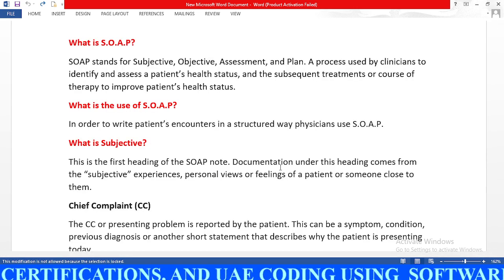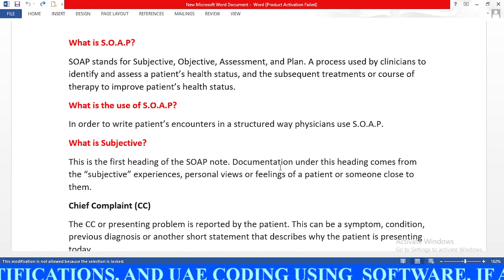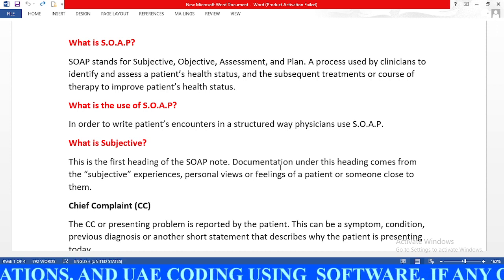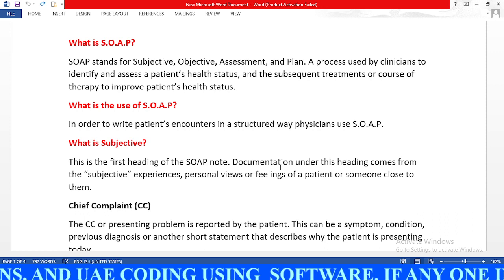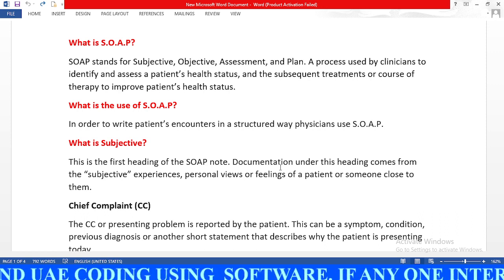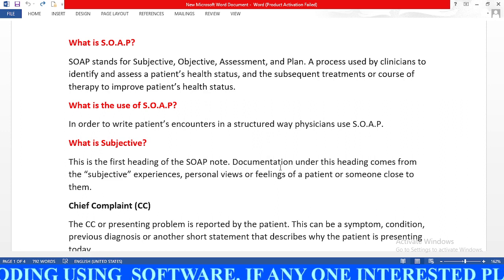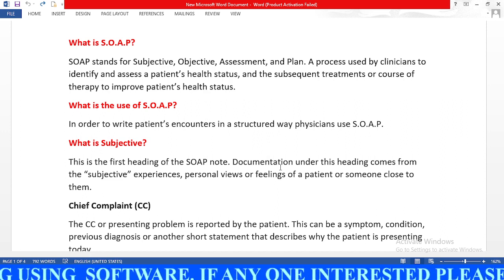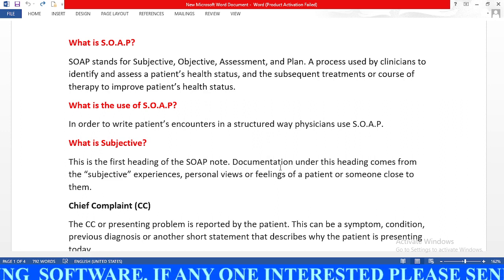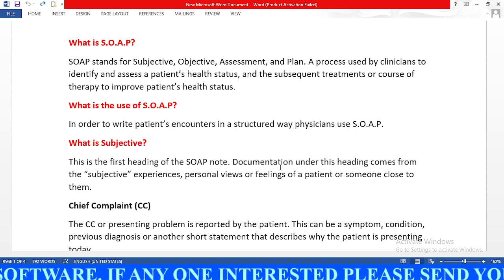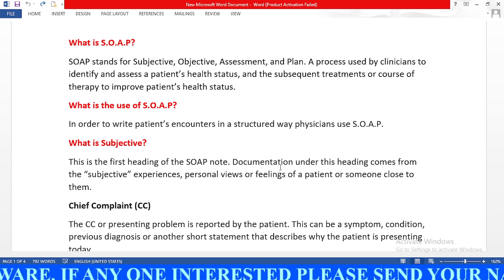So what is SOAP? Usually, SOAP is the acronym for Subjective, Objective, Assessment and Plan. SOAP is a process used by clinicians to identify and assess a patient's health status and the subsequent treatments or course of therapy to improve the patient's health status.